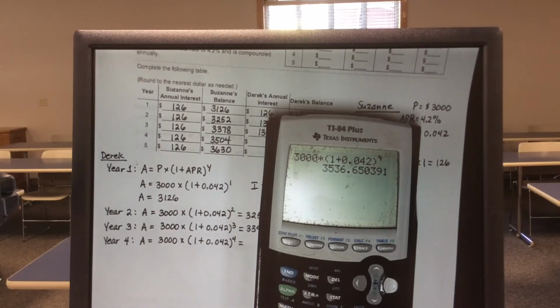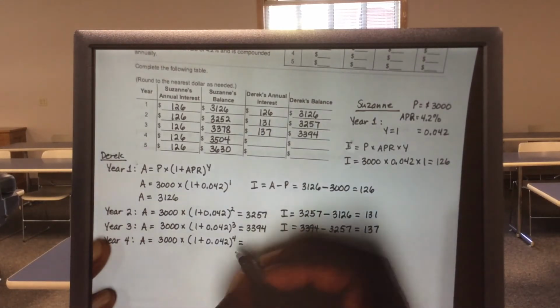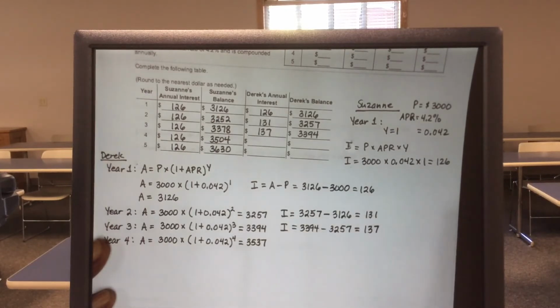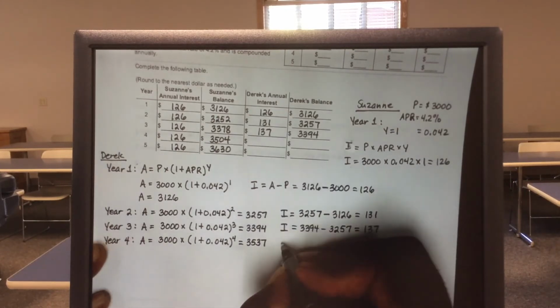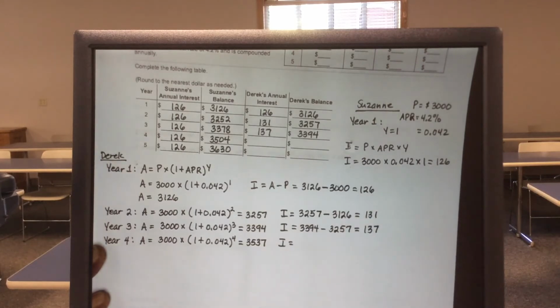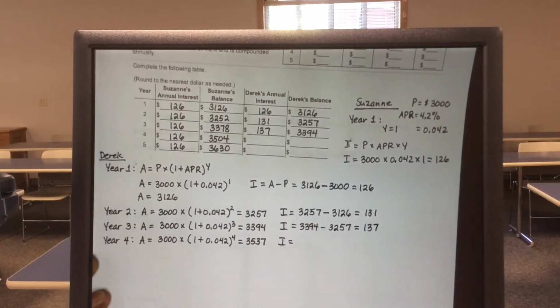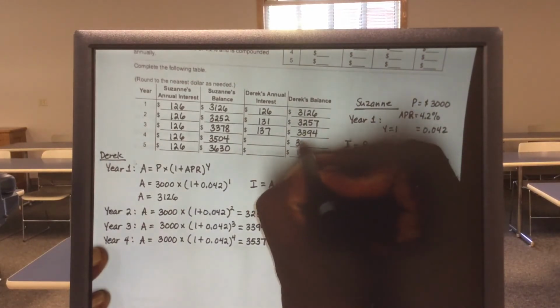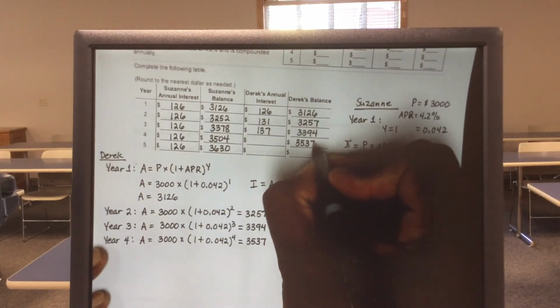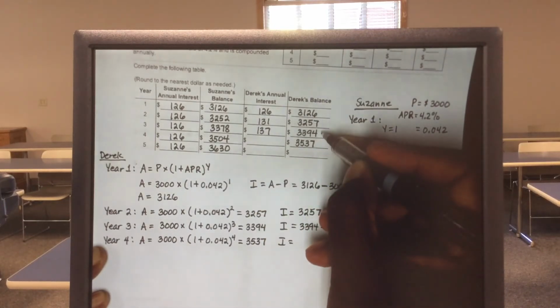So this will be $3,536. Actually, $3,537 if I round to the nearest dollar. And then, to find out what that interest is, that $35.37 after the end of the 4th year, I'll subtract from that the amount $33.94.